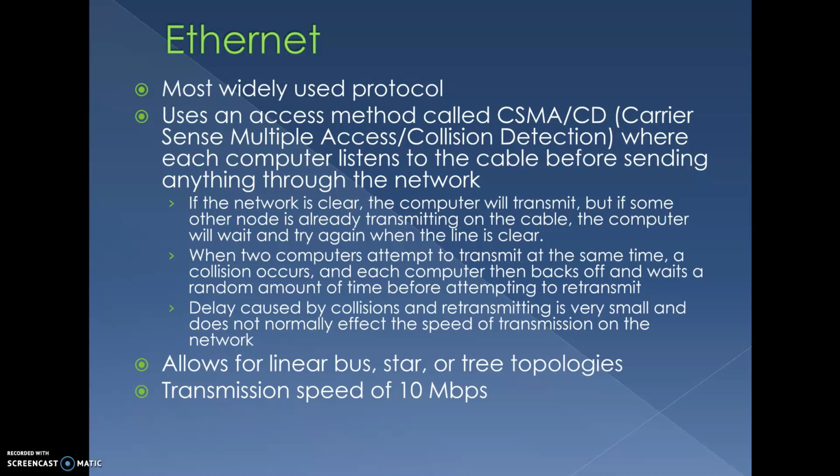When two computers attempt to transmit at the same time, a collision occurs, and each computer then backs off and waits a random amount of time before attempting to retransmit. Delay caused by collisions and retransmitting is very small and does not normally affect the speed of transmission over the network.